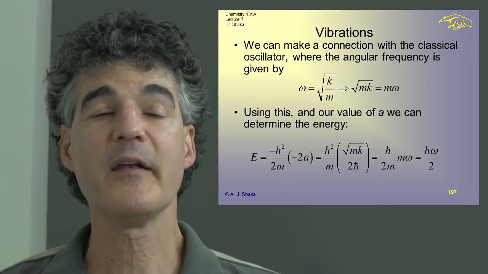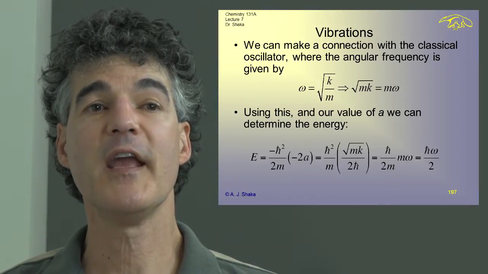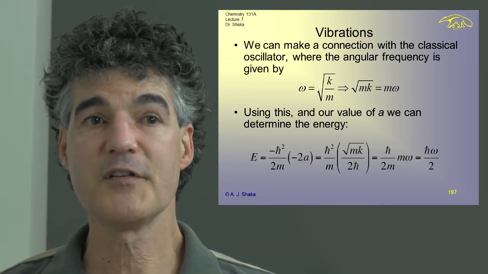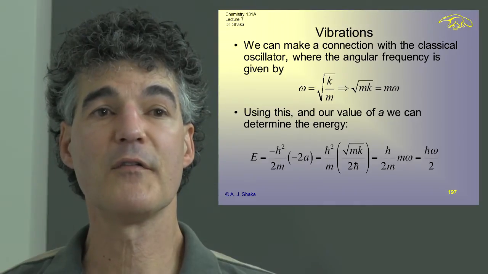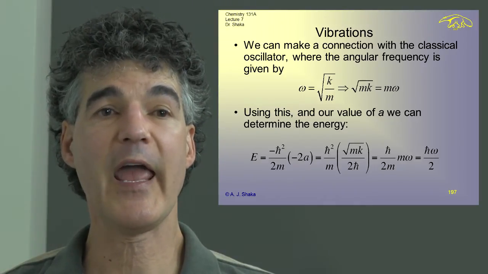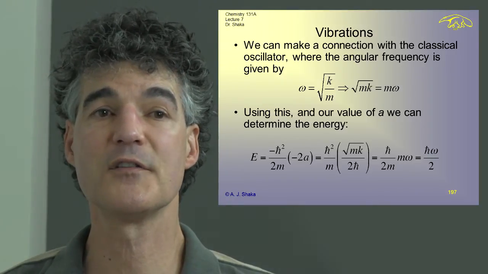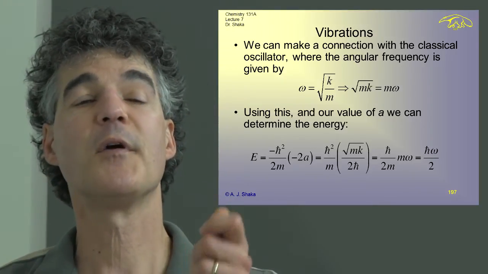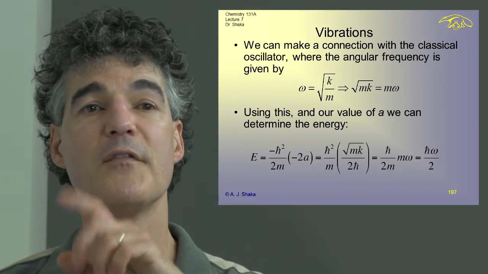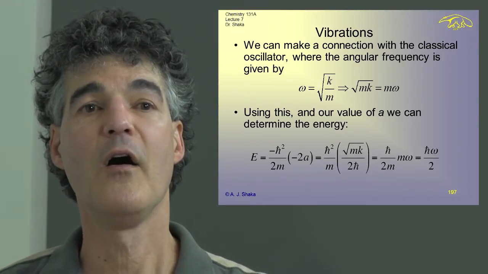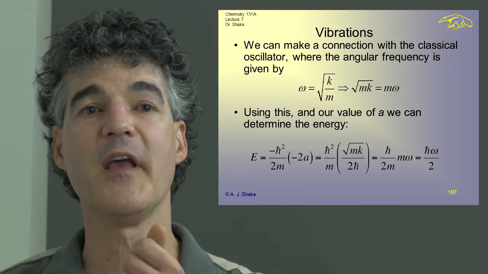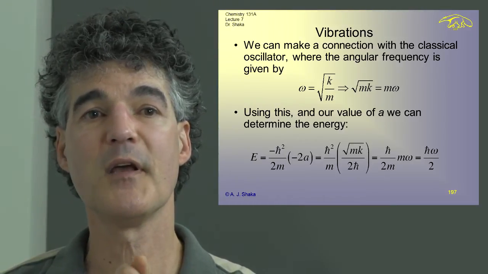And using that, we can now figure out the energy. The energy is minus h bar squared over 2m times minus 2a. That's the only part that's left over, because the x is gone by our choice of a. And that's h bar squared over m, square root of 2mk over 2h, and that's h bar over 2m times m omega.